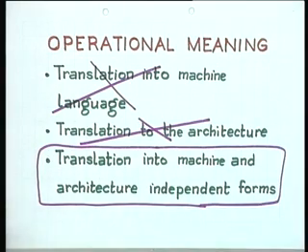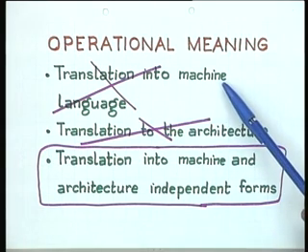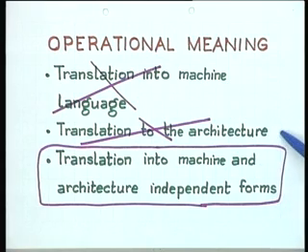Yeah. So let us also go through what we said about operational meaning. Our main goal is to give a meaning of a language in some form which is machine and architecture independent, and it should not be in terms of particular machine languages or particular architectures.